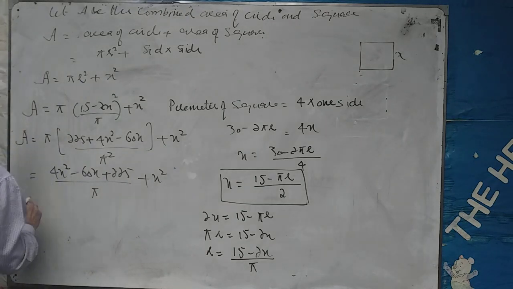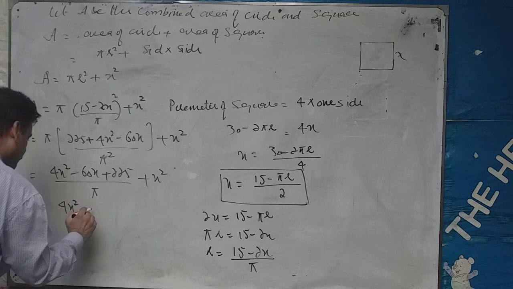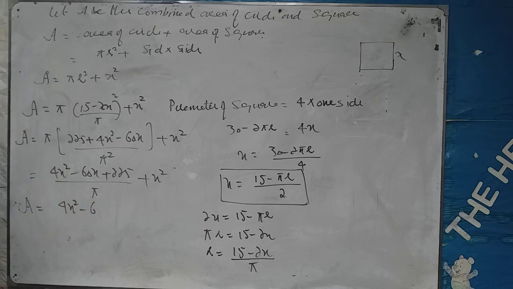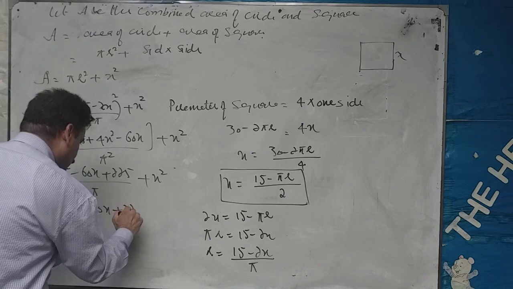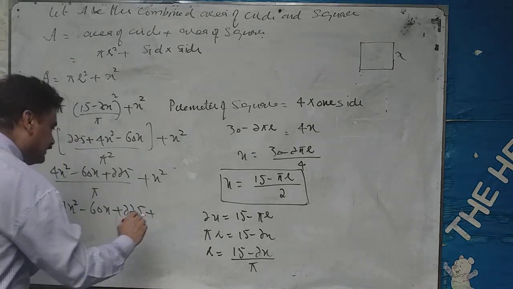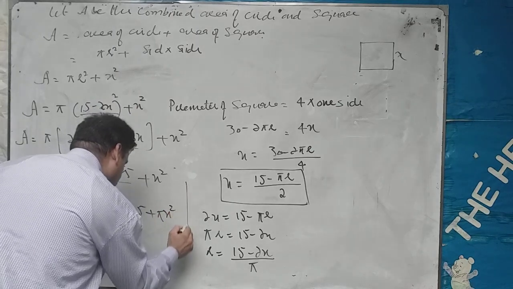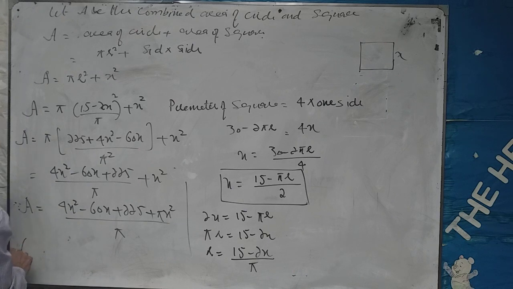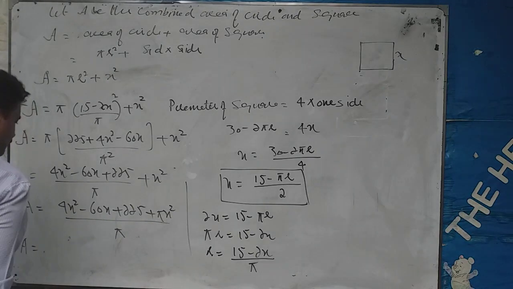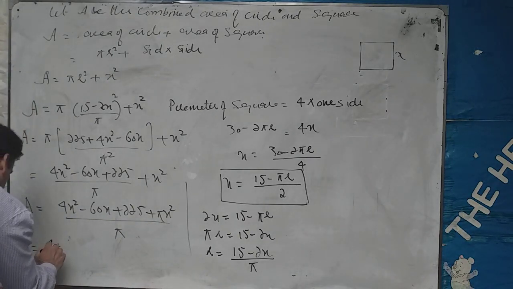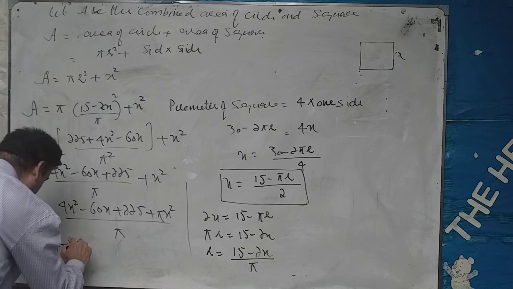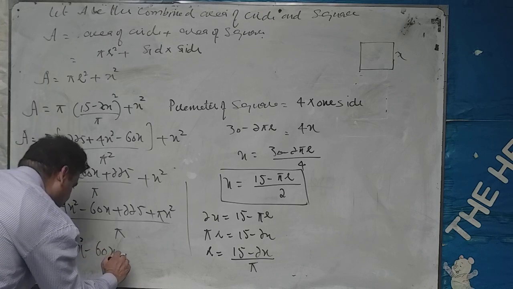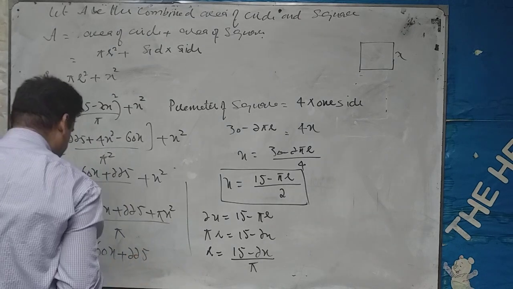By taking LCM, we get A is equal to 4x square minus 60x plus 225 plus pi x square divided by 4 pi. We again write A is equal to 4 plus pi times x square, minus 60x plus 225, by pi.